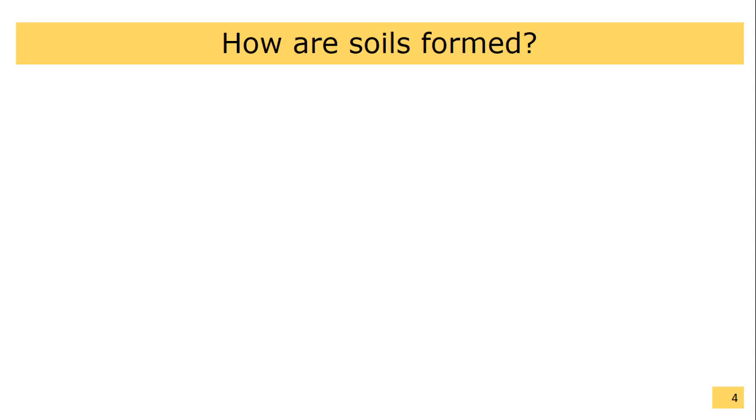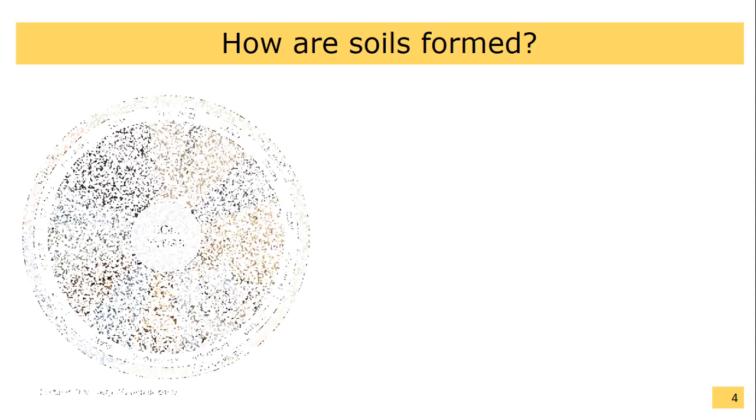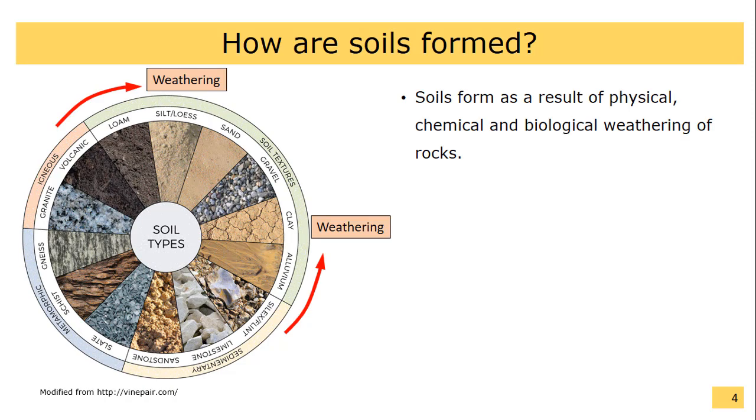How are soils formed? Soils are formed from physical, chemical, and biological weathering of rocks. In physical weathering, temperature change, abrasion, or frost can cause rocks to break down.